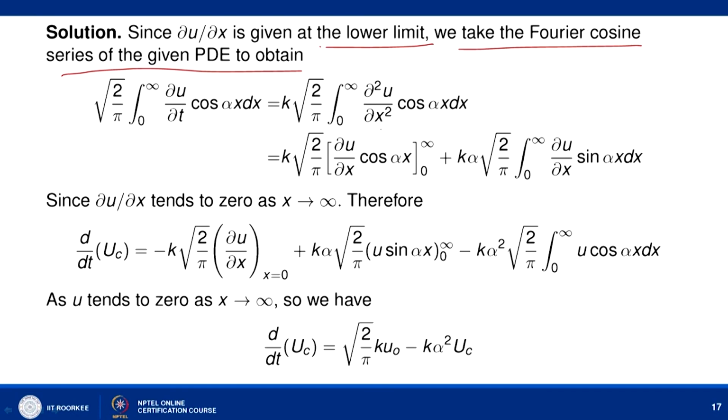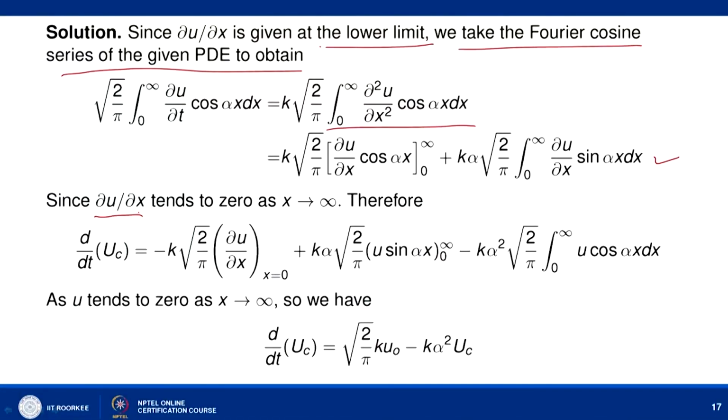Now, either we use our result 2, or we can simplify this by applying integration by parts, and we can write k root(2/pi) [u_x cos(alpha x)] from 0 to infinity plus k alpha root(2/pi) integral from 0 to infinity of u_x sin(alpha x) dx. So here we applied integration by parts, and we can write it like this.